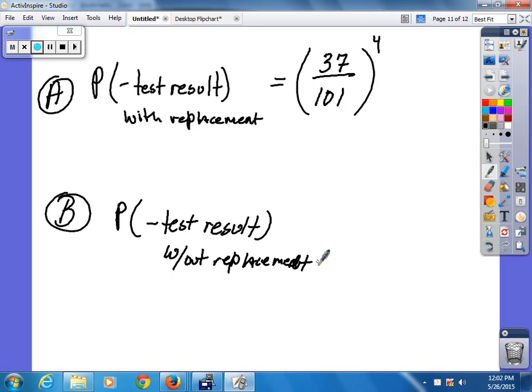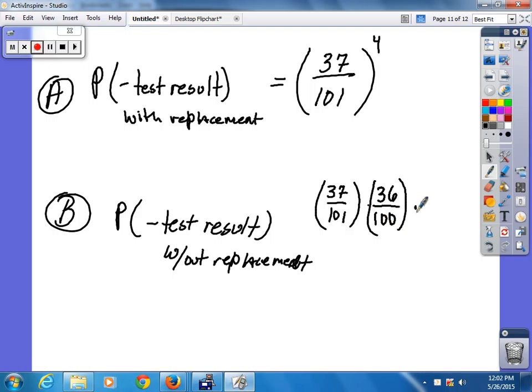So, 37 over 101 would be our first draw, times, well, we draw the name out of the hat, put it in our pocket. And how many does that leave in the hat? Well, with the true negative, leaves 36. And with the names in the hat, it'd be 100. And we draw that one.